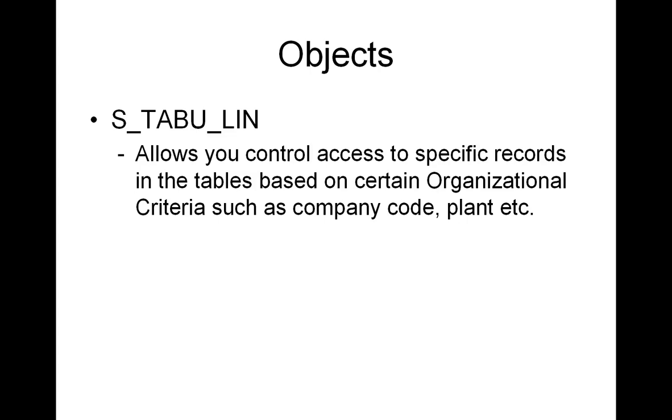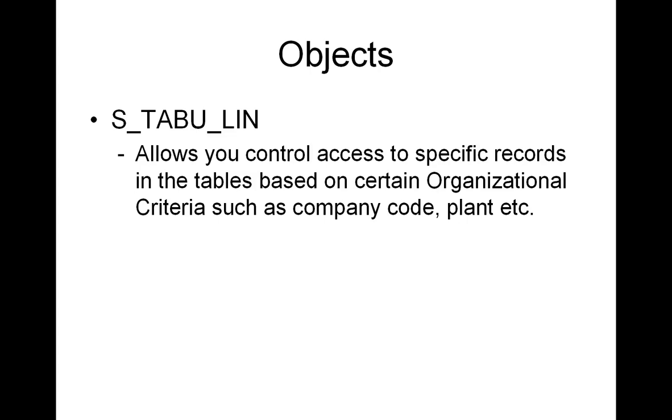So to use line authorizations, one thing that you need is to define an organizational criteria. That organizational criteria could be a company code or plant, or basically an organizational level. And number two, the field, the company code field or the plant field that you identify as the organizational criteria, has to be a key field in the table.